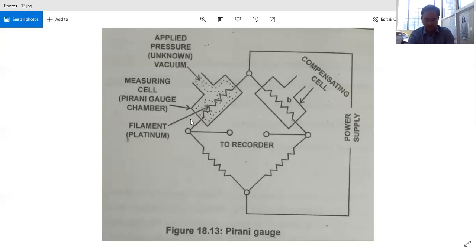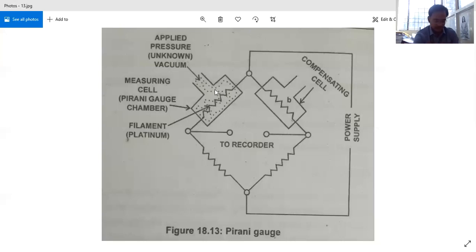There is a note given for this one. Higher pressure, higher will be the density. If the gas is coming with higher pressure, the density of the gas will be high.